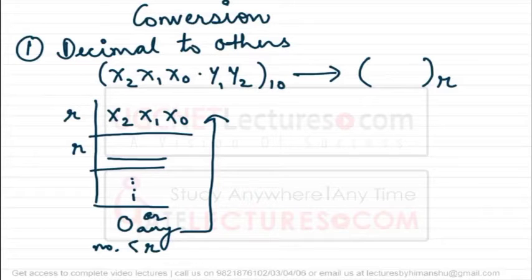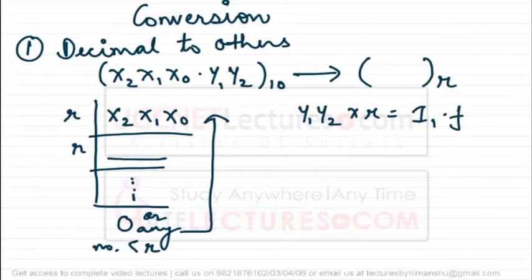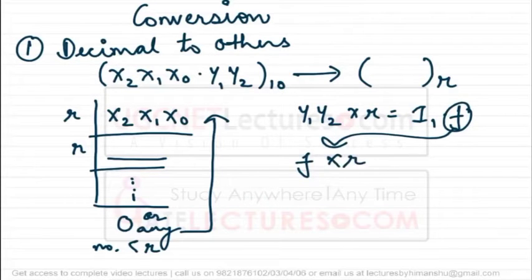Okay, and what do we do for the fractional part? You multiply it repeatedly by r. When you multiply this fractional part by r, you get some integral part and some fraction part. You take this fraction part and multiply again by r. Again you get some integral part.